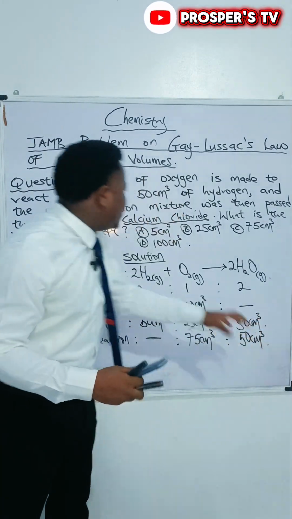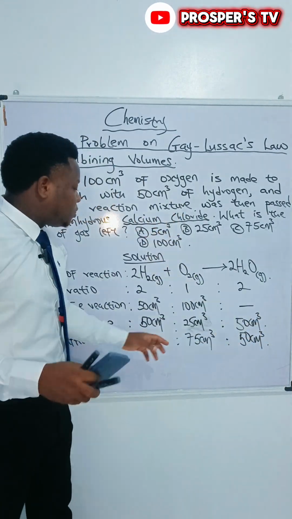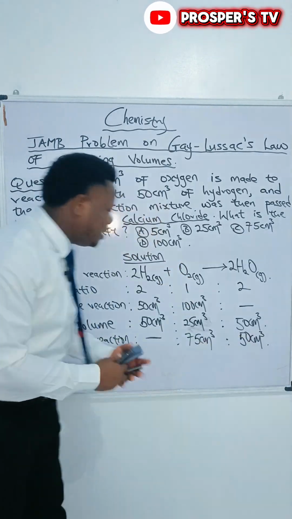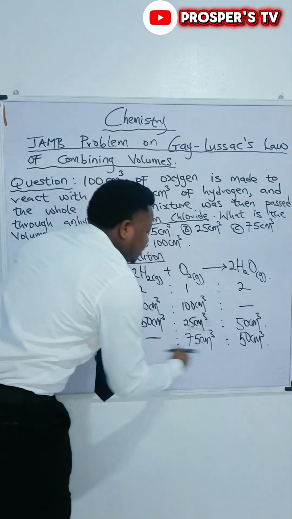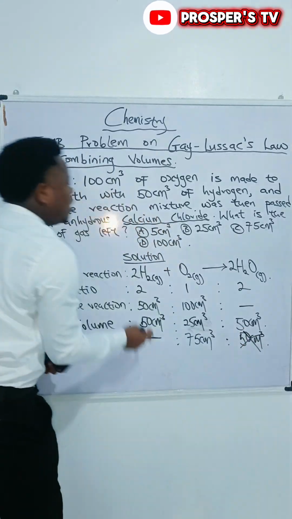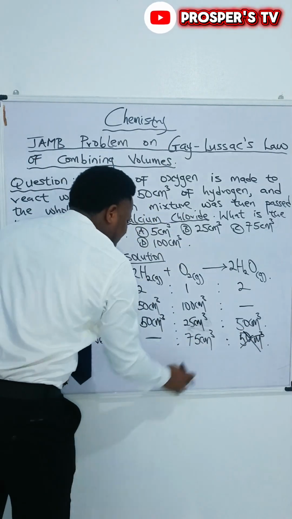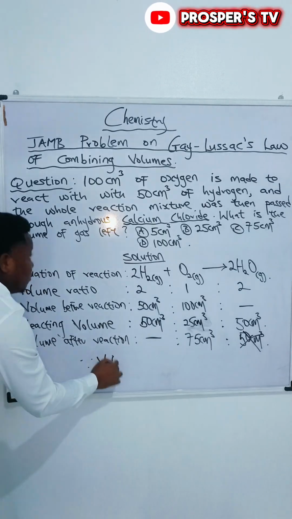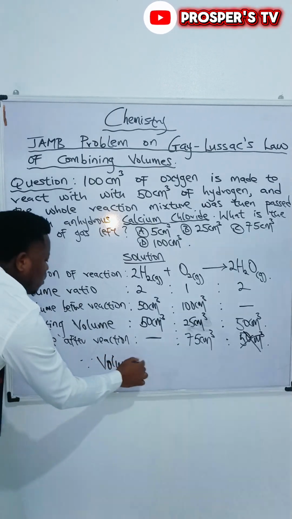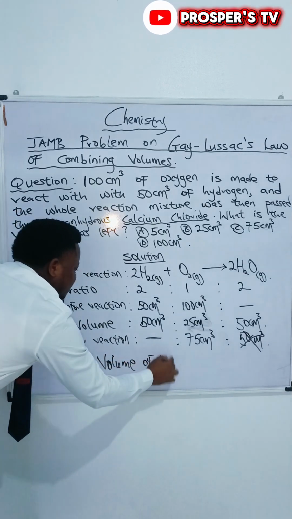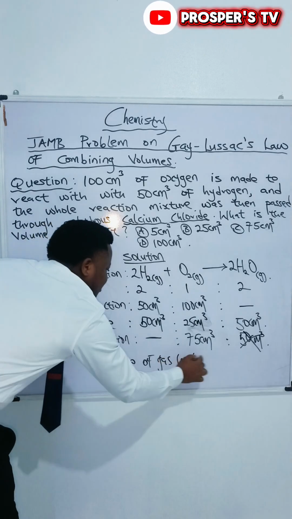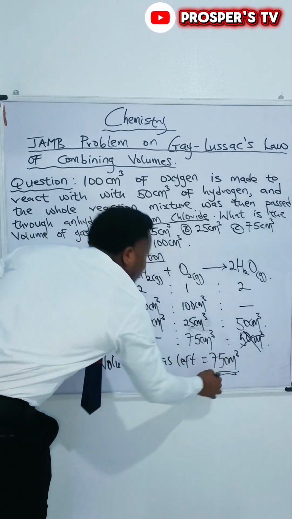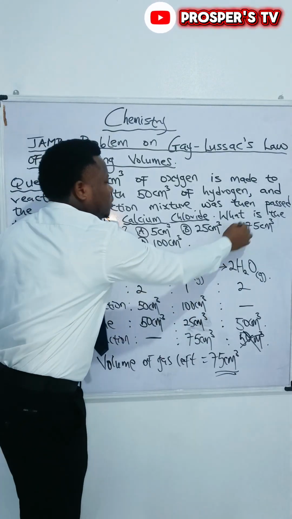So the only volume that would be left at the end of the day is your 75 cm³. So your answer becomes: the volume of gas left is 75 cm³, which is option C.